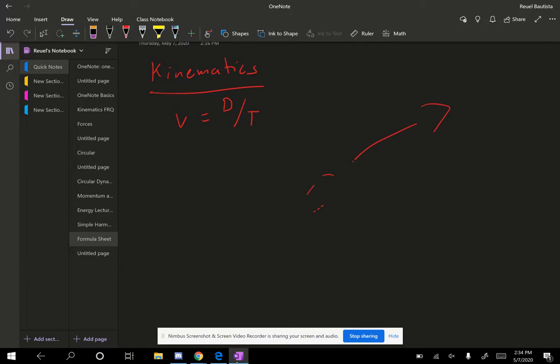So Eric's right. We only use this equation when there's zero acceleration, or constant velocity.